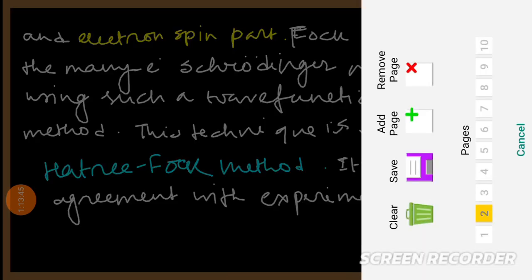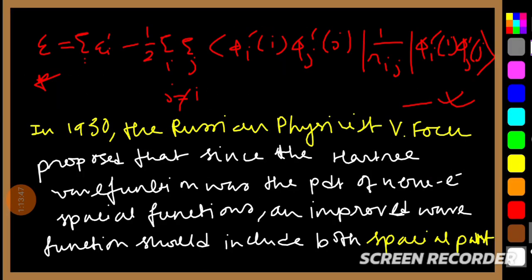So that means the Hartree method is the previous method and the Hartree-Fock method is the modified method. The scientist Fock took the Hartree method and modified it. According to the Hartree method, the wave functions depend on only the spatial part.